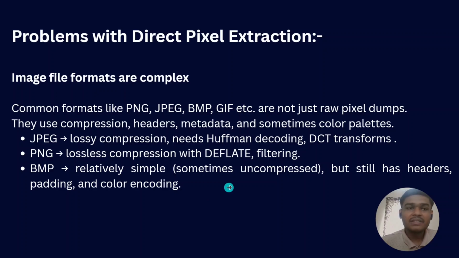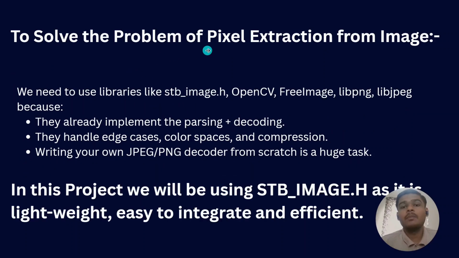So to solve the problem of pixel extraction from an image, we need to use some libraries like stb_image.h, OpenCV, FreeImage, libpng, libjpeg, etc. Because these libraries have already implemented the parsing plus decoding, which is necessary to break these images into pixels.